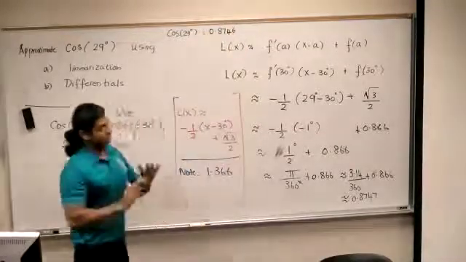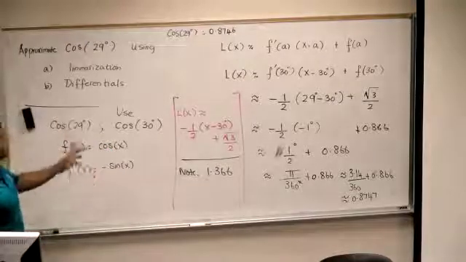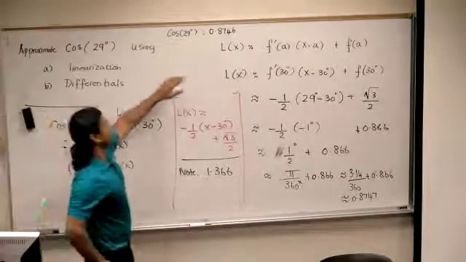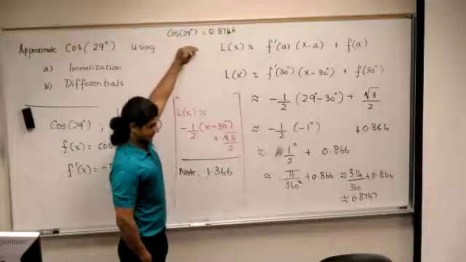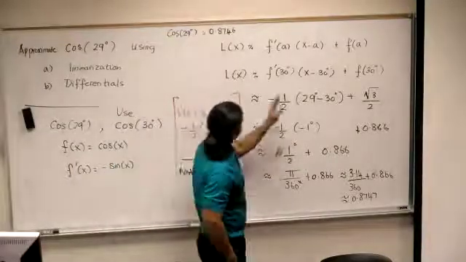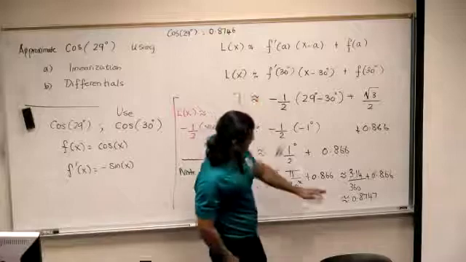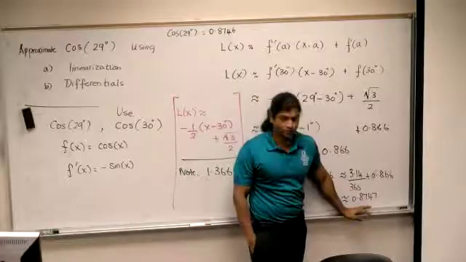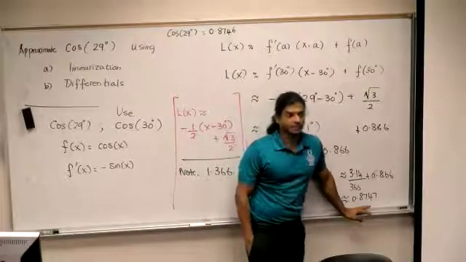So the actual value using the calculator is 0.8746. The value using the linearization is 0.8747. Is it close? Yeah. Really close.